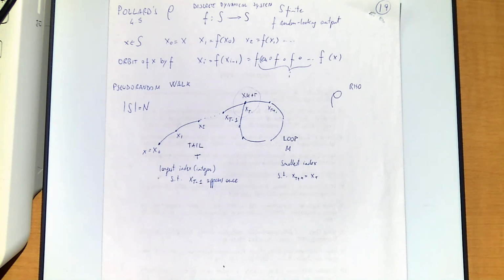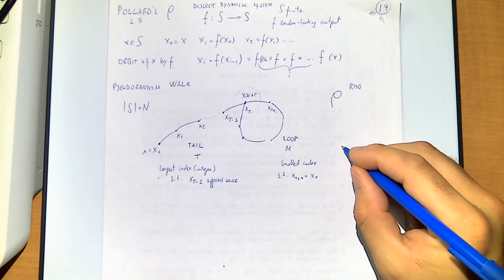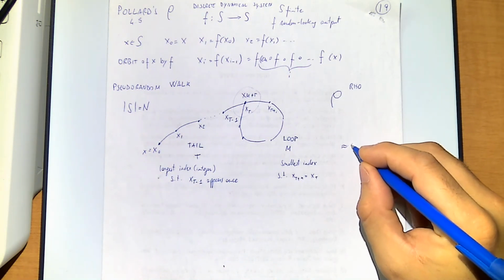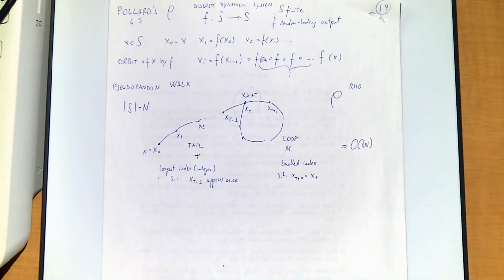So you're interested in knowing what is t plus m, and what we can see is that this is more or less of order square root of N, but in fact it's usually a small multiple of square root of N. So you're likely to find this collision quite early.